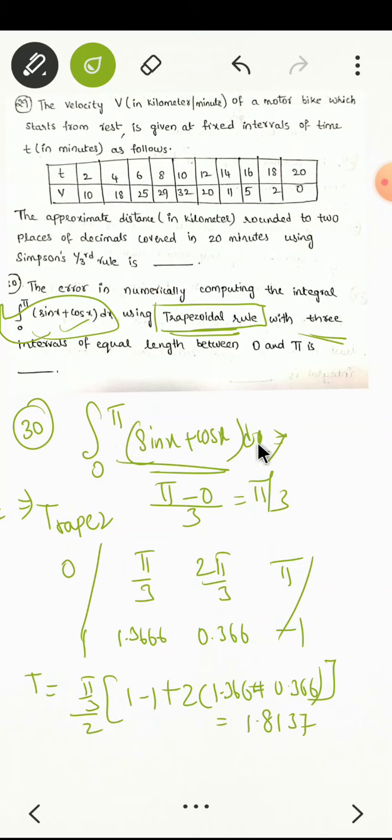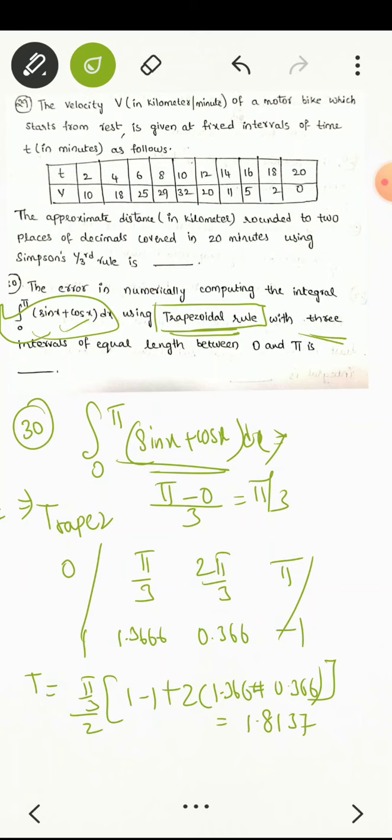Apply integration of sin x dx and integration of cos x dx and apply the limit 0 to pi. I am directly giving you the value of this integral. Okay, so what is the value you are going to get? I am just calculating the value.